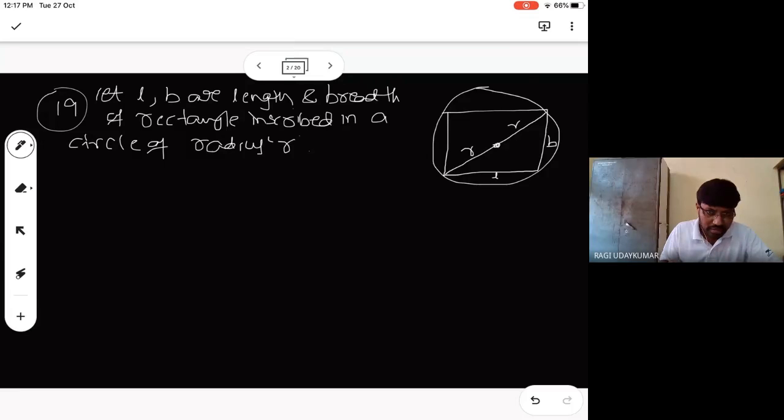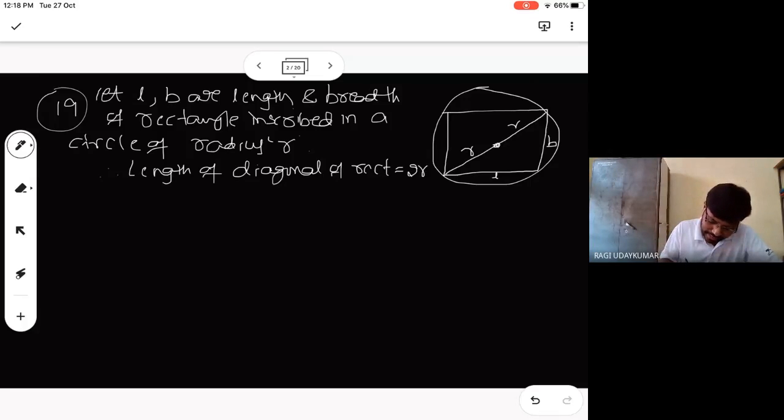Even if you want, you can take the radius as any other variable also; that doesn't matter. So whenever you get like this, the length of the diagonal will be equal to 2r. Therefore, the length of the diagonal of the rectangle is equal to 2r.